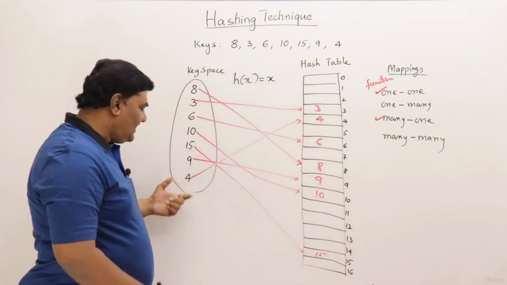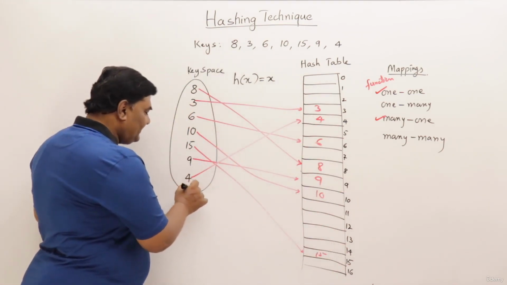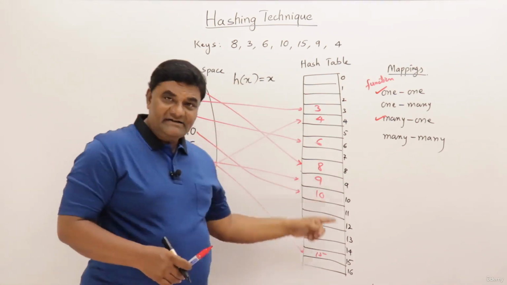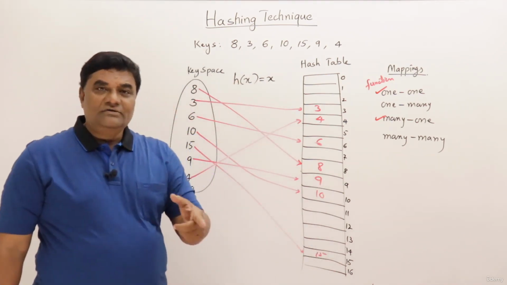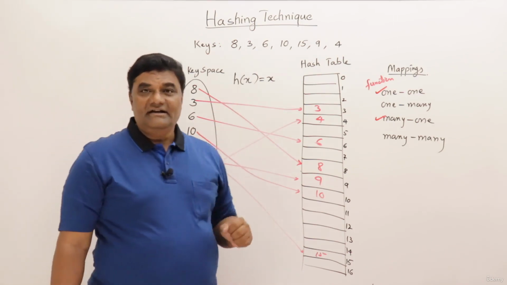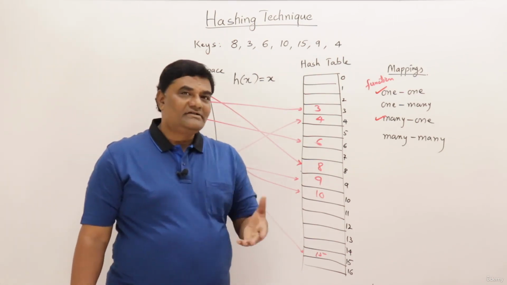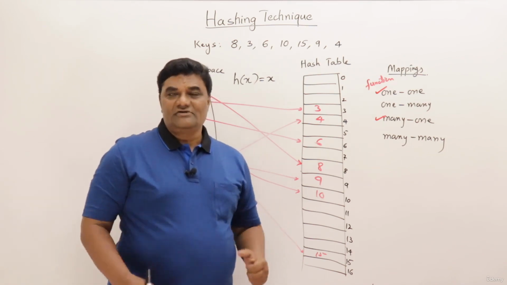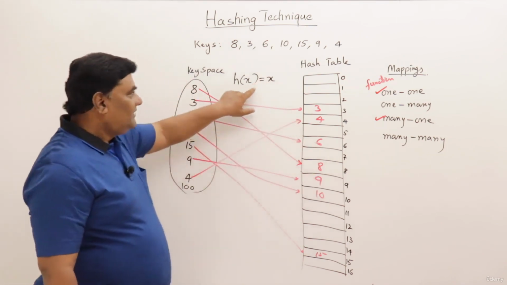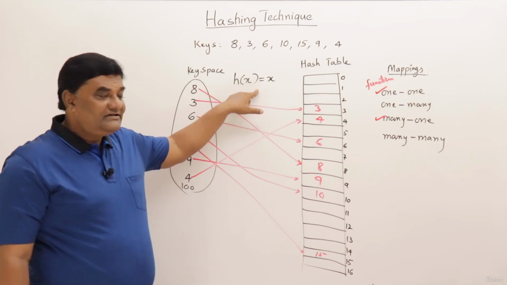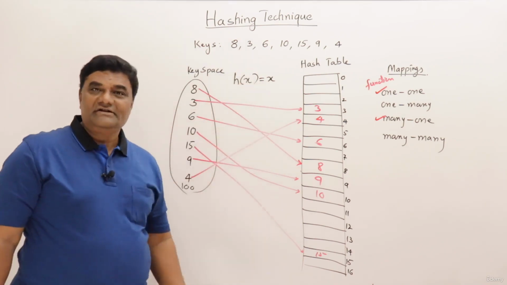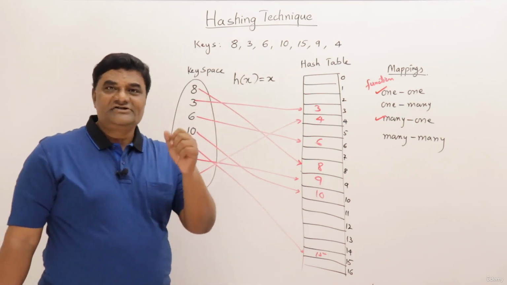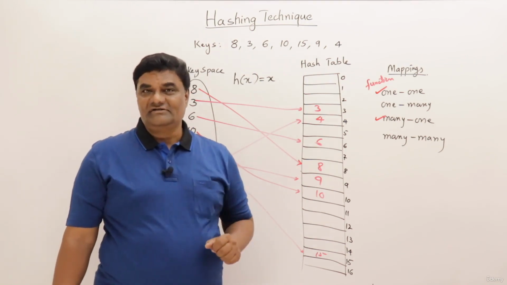And if I have one larger key here, suppose I have 100, then I should have an index 100 also. Only then is it possible to achieve ideal hashing. This is the drawback. So who is responsible for this drawback? The hash function. Who is giving the index? The hash function is giving the index. So the ideal hash function is responsible.